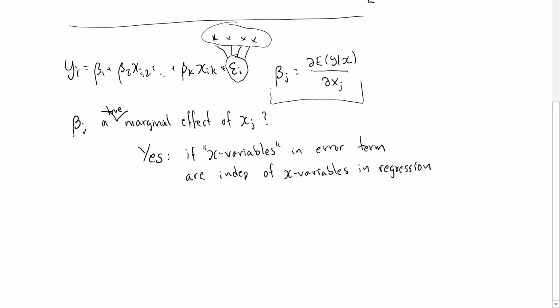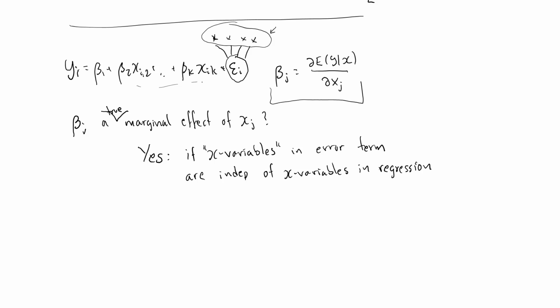The answer is yes, if all those x variables in the error term are independent of the x variables in my regression, these ones. Because in that case, if I increase xj by 1 unit, nothing will happen on average with the x variables in the error term, and I can interpret my beta j as a true marginal effect.